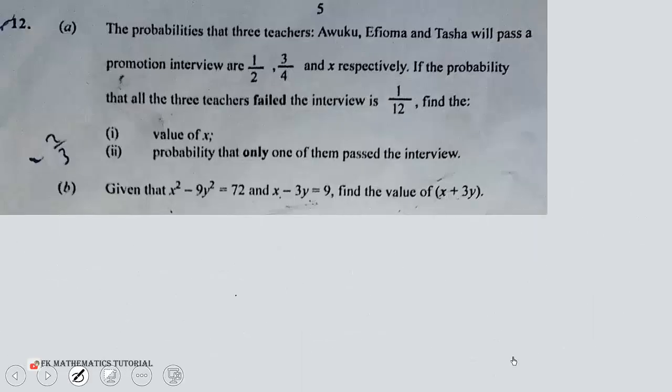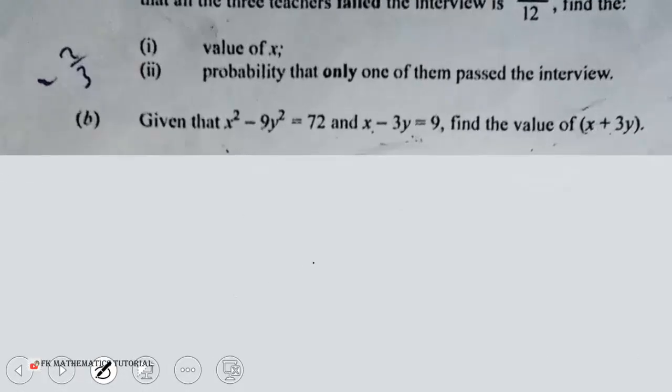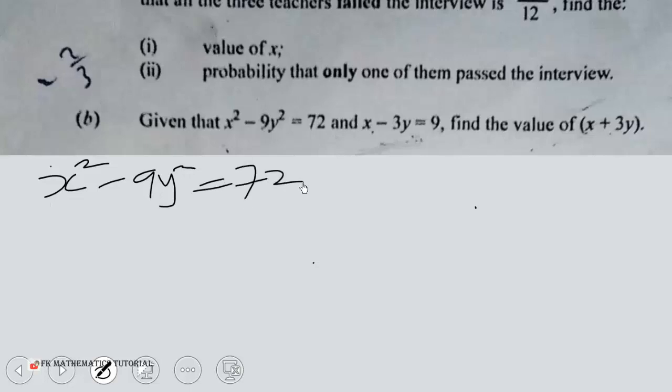So the B part is here: given that x squared minus 9y squared equals 72 and x minus 3y equals 9, find the value of x plus 3y. So we have x squared minus 9y squared is equal to 72. You can spot some difference of two squares here.